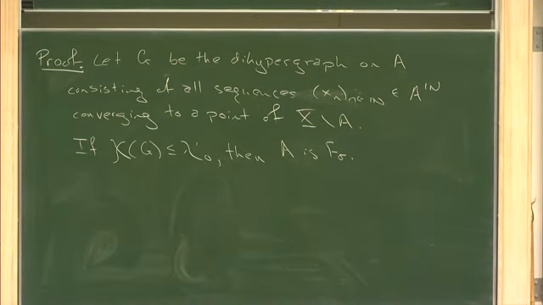Moreover, this dihypergraph is trivially box open, because if you've got a sequence that lives in there, you can put a ball of radius 1 over n around the nth element, and then convergence doesn't change.